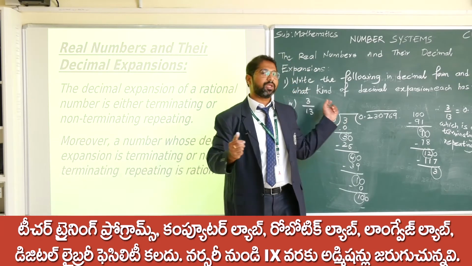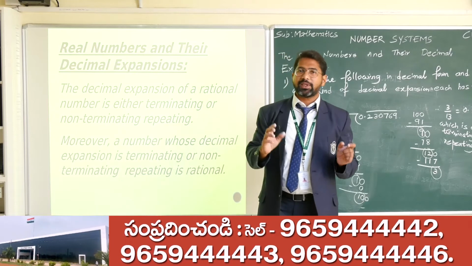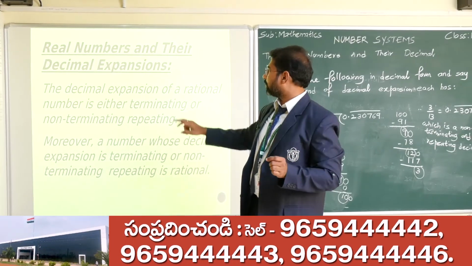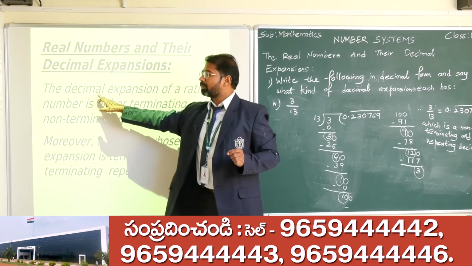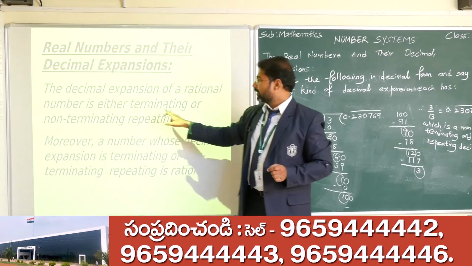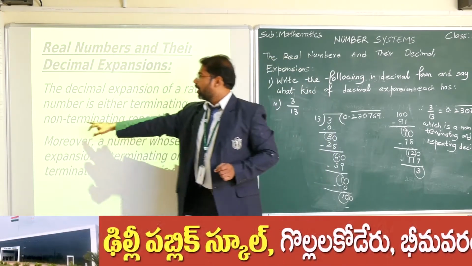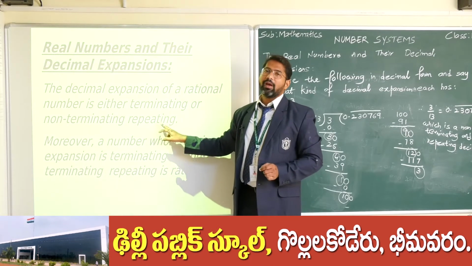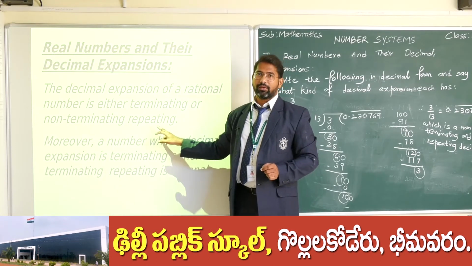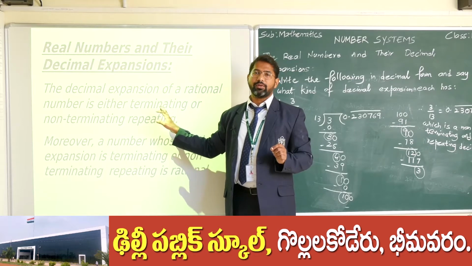Once again, through these 4 examples, we have seen that a rational number has a decimal expansion that is either terminating or non-terminating repeating. I hope you have understood.